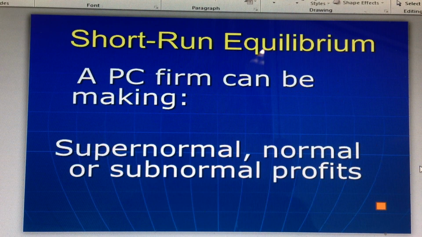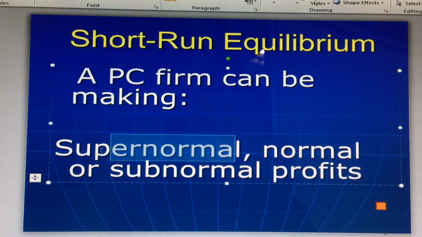cut down your production. So what is the short run talking about? Short run can be any of the situations. You can be making supernormal profit, normal profit, or subnormal. Before I move on, what is supernormal profit?